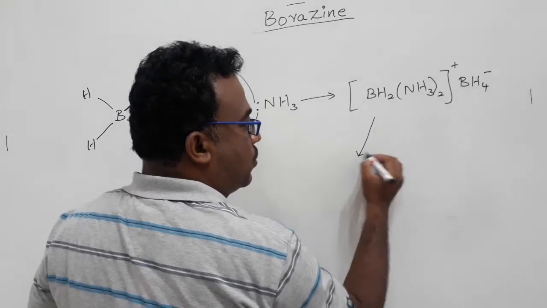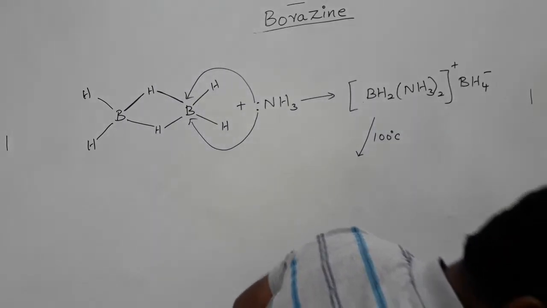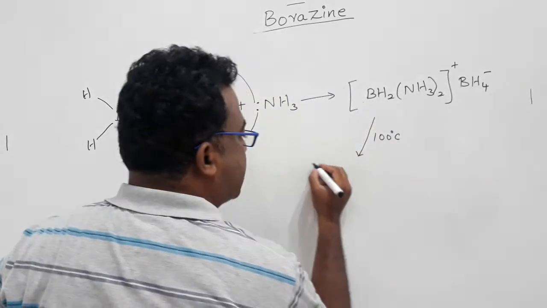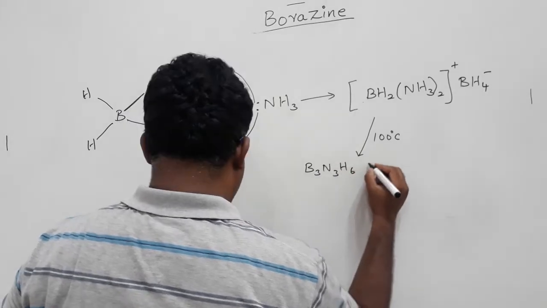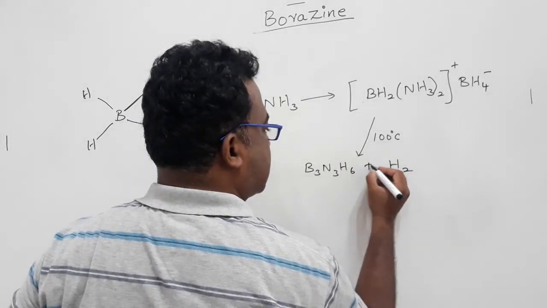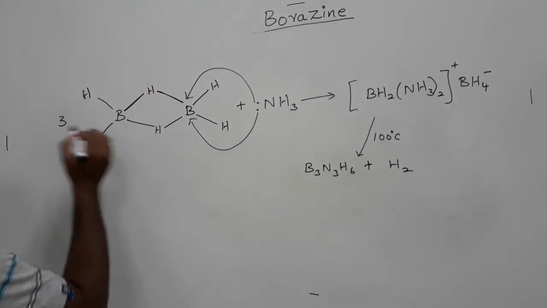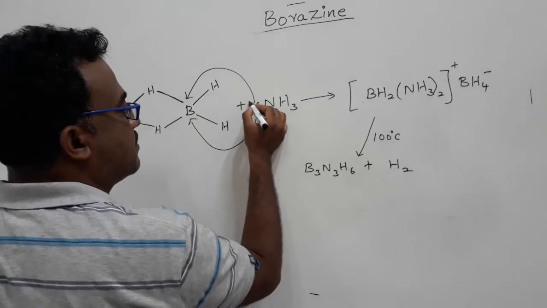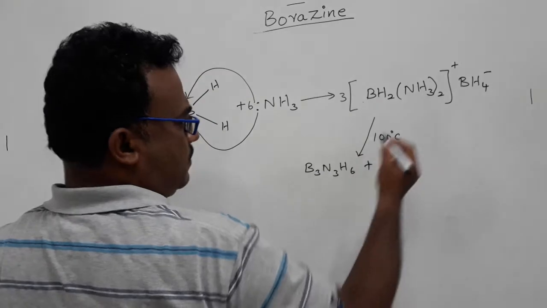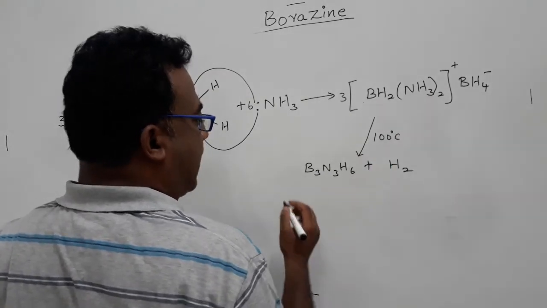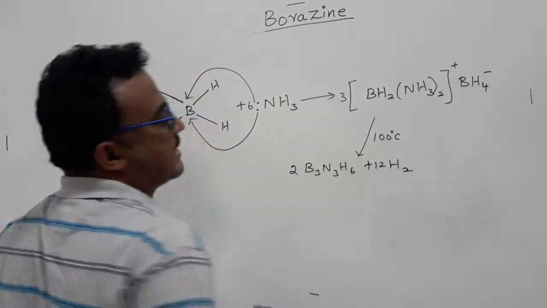If you heat the adduct to 100 degrees Celsius, you get borazine, B3N3H6, plus hydrogen gas. If you balance this equation, 3 moles of diborane are needed to react with 6 moles of ammonia to form 3 moles of adduct. If you reflux, you can get 2 moles of borazine plus 12 moles of hydrogen gas.